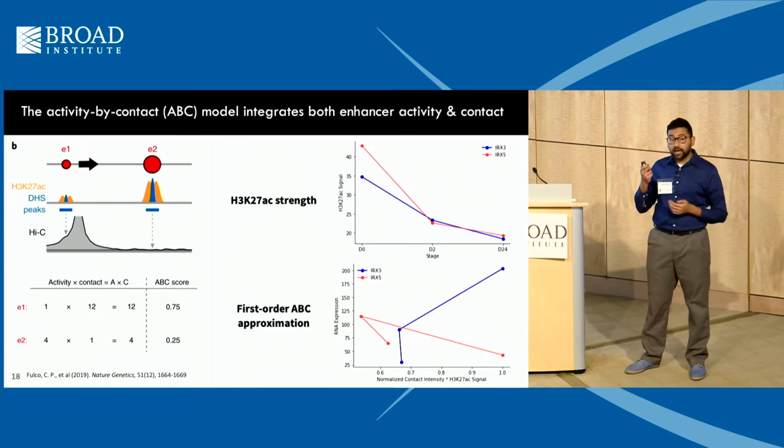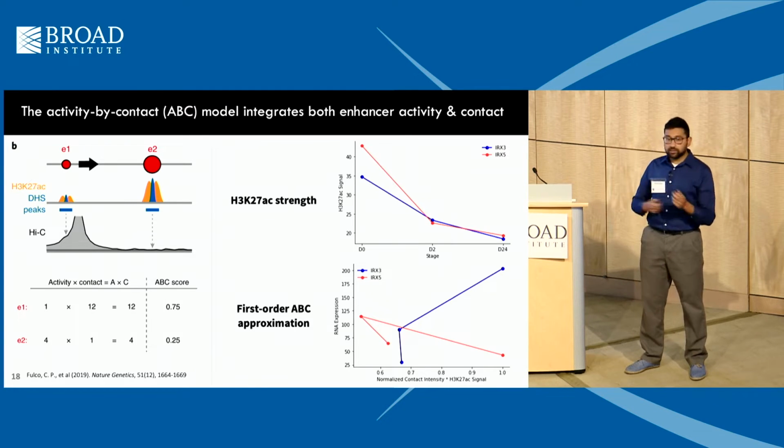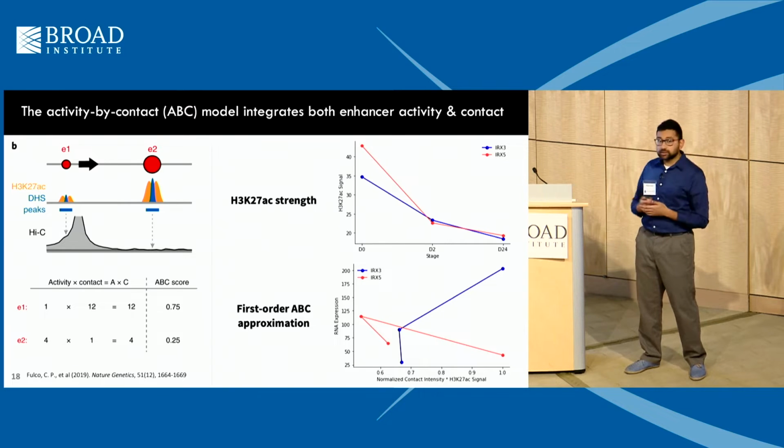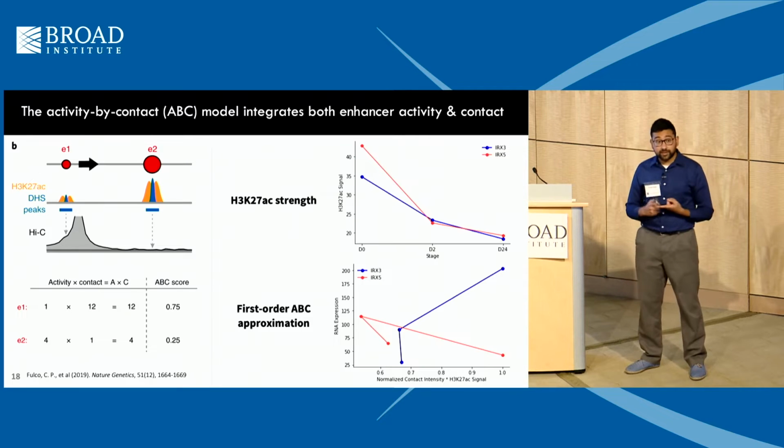But interestingly, the IRX5 interaction doesn't seem to be as reliably predictive of IRX5 gene expression, which from an early stage analysis could be due to a variety of other reasons. One, IRX5 being 1.2 megabases away.